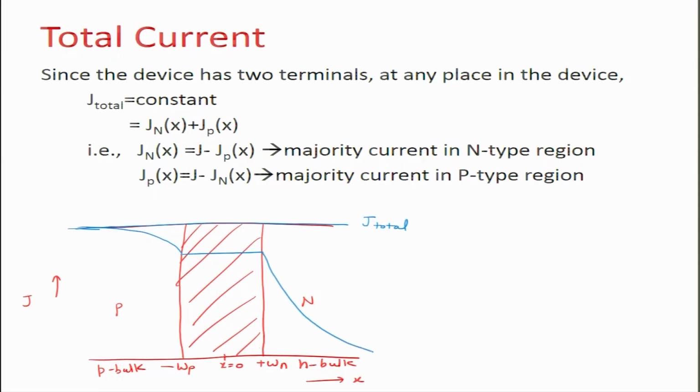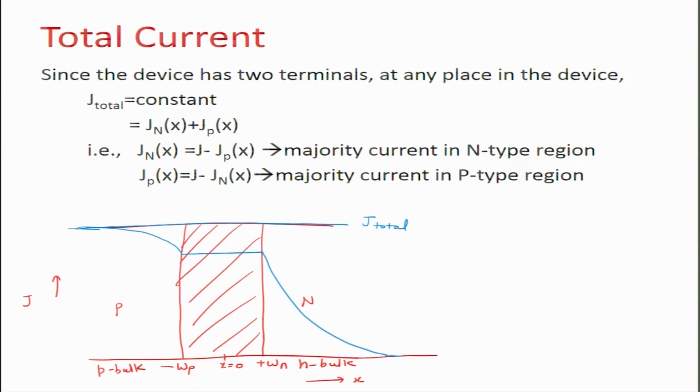So, this current is high on the P side, it is constant in the depletion region, because in the depletion region we assume that there is no recombination or generation, so as a result nothing happens to carriers, but the moment they come on this side the current drops.